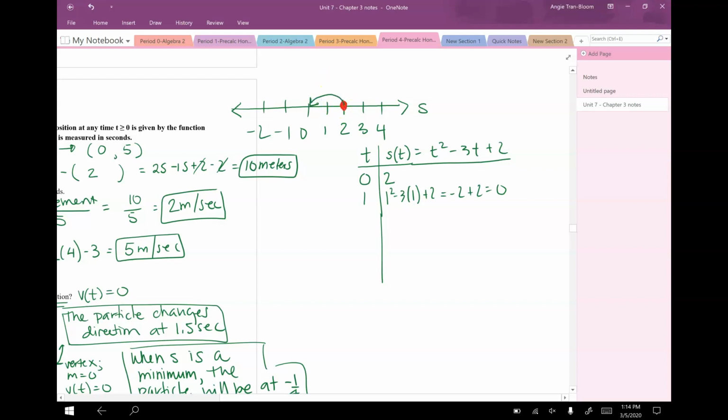A second later, what that means is I'm really going left. 1 second later, I'm currently at 0 on my number line. That means I'm going left.